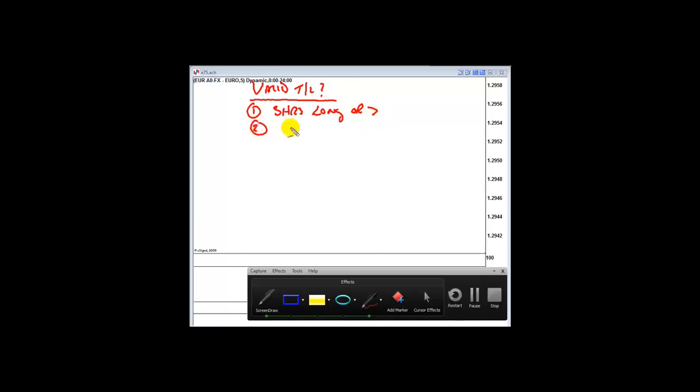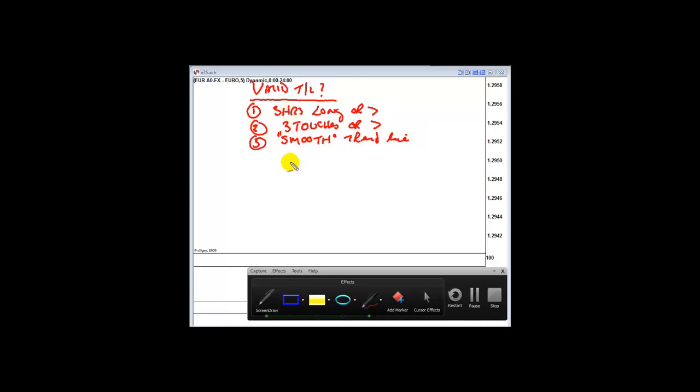Second, we need 3 touches or more. And third, we're looking for a smooth, in inverted commas, trend line. Okay, so I want you to remember that the conditions for entry are a valid trend line.